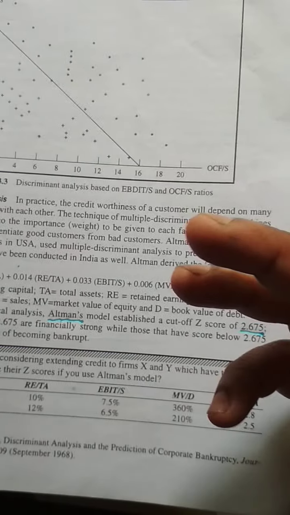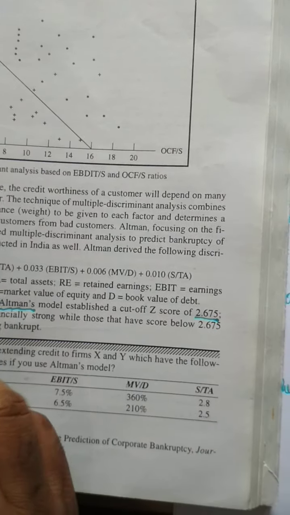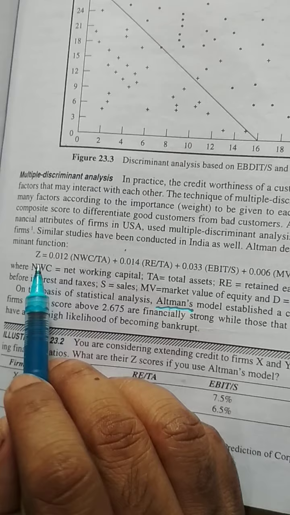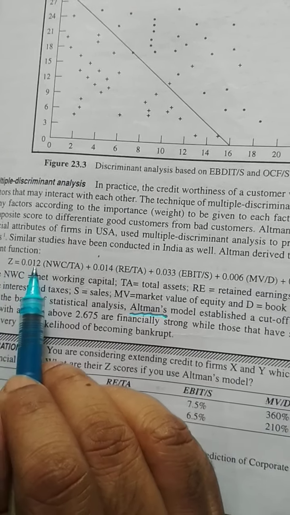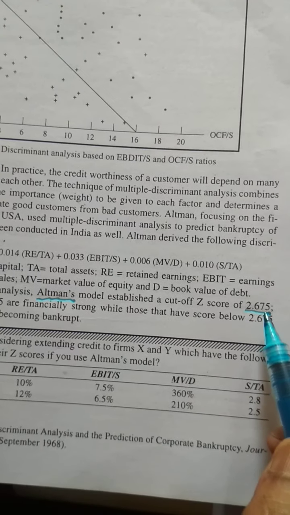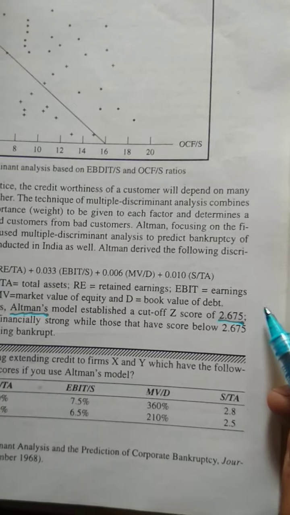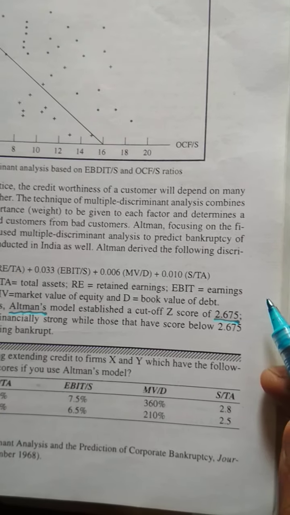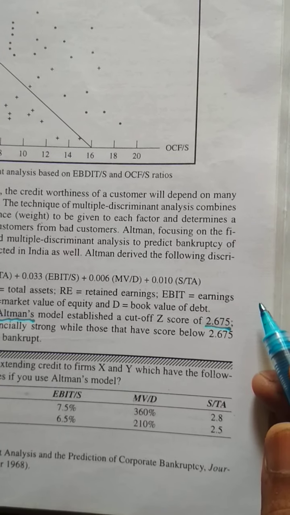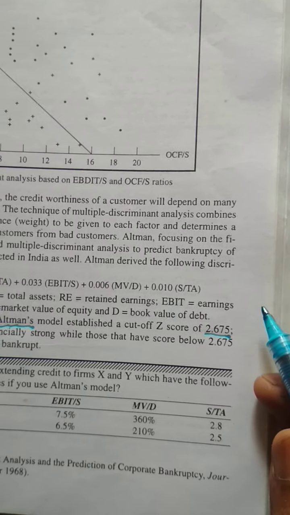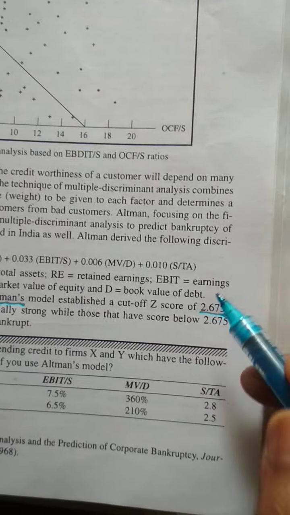For example, if we are running a company, we will do the multiple discriminant analysis using Altman's Z score and check the score. If it is above 2.675, it is a good firm. So we could definitely provide credit to that organization, or we could provide more time, or we could fix the time, based on the good financial stability or score they have.